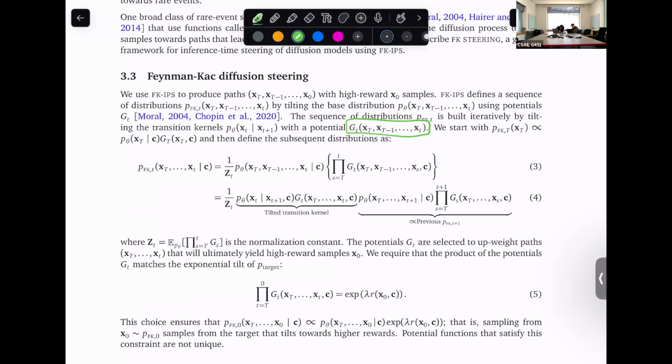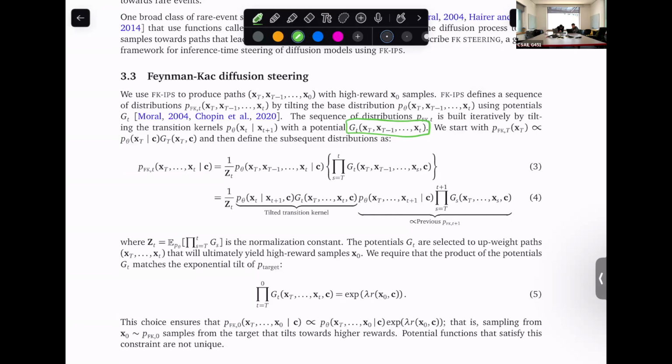The idea is that the thing we're targeting is, I want to generate these trajectories so that x0, when passed through this reward function, has high reward.